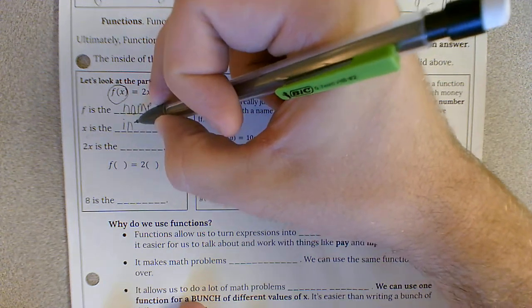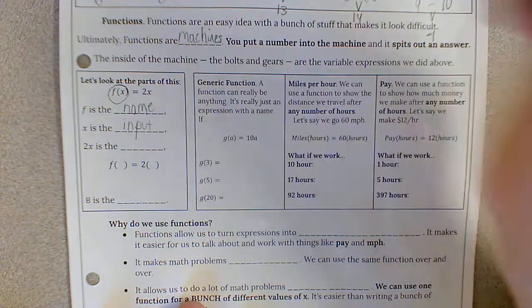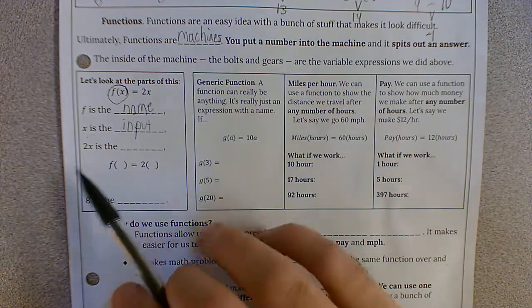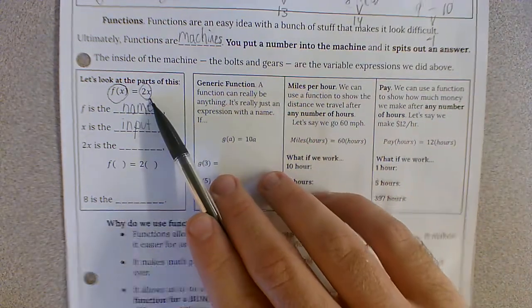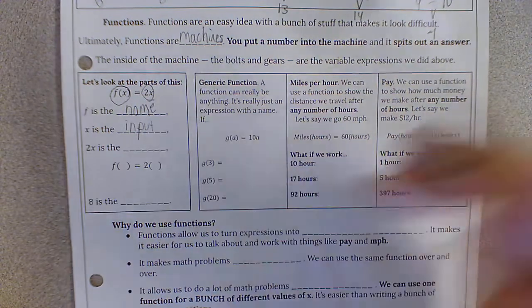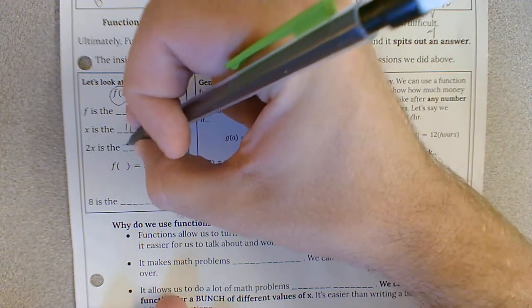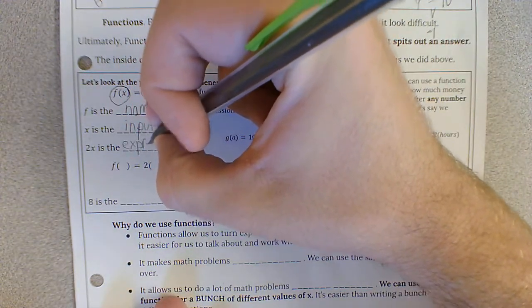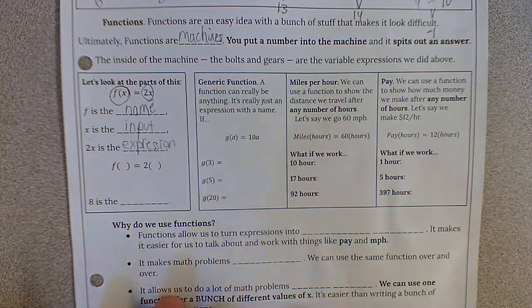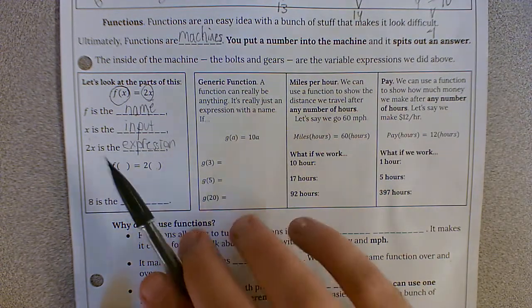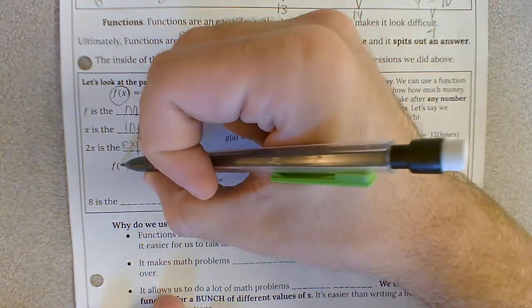We plug it in, so it's our input. 2x, this is the meat inside. These are the bolts and gears inside of the function. That's going to be our expression. Whatever we plug in for x is going to be plugged into that expression as well. So I'm going to plug 4 in to my function.